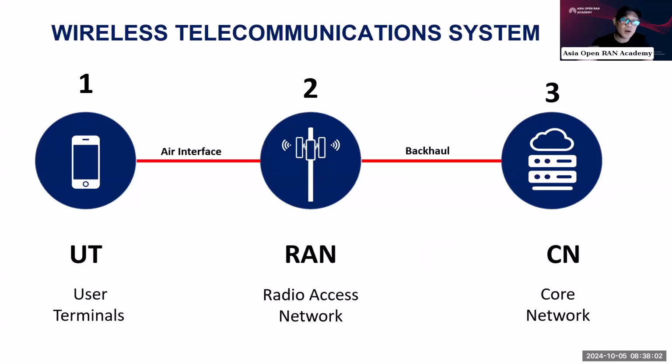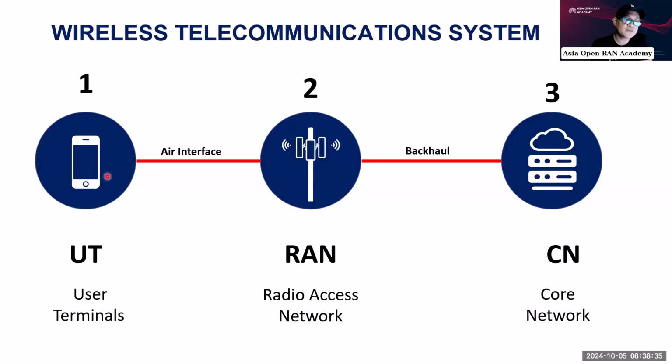Okay, so any wireless telecommunication system, even if it's 2G, 3G, 4G, or 5G, or even probably 6G, or Wi-Fi, you will have these three main components. You need to have the user terminal, the radio access network, and the core network. Now, if you're talking about different technology generations, each component must support each technology.